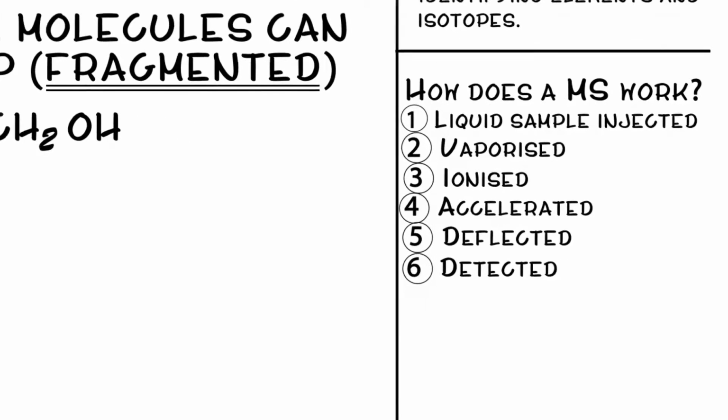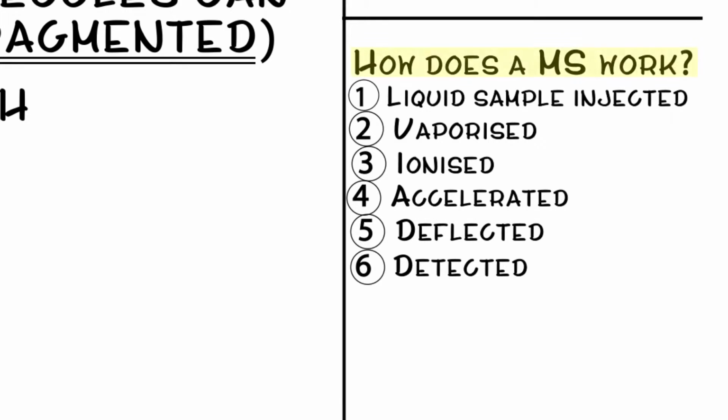So just to remind ourselves about how a mass spectrometer works. Basically, a mass spectrometer is something which can help to identify, it doesn't always identify because there are a lot of molecules with similar masses, but it can go towards a set of analytical techniques to identify an element, but effectively it's used to identify a sample.